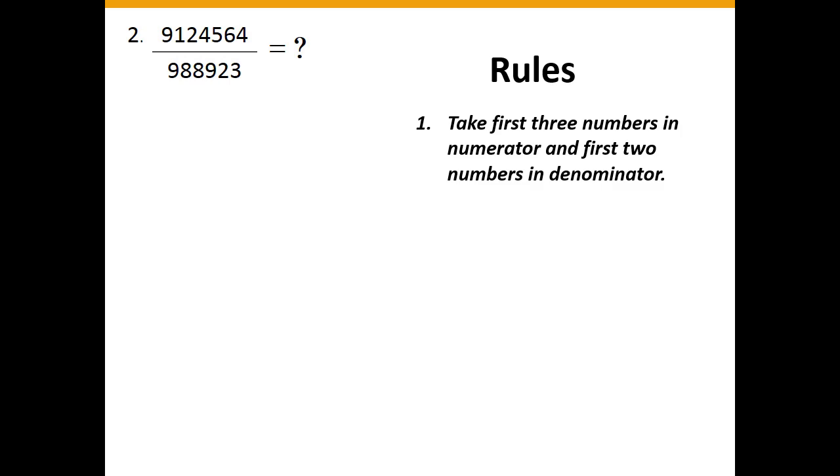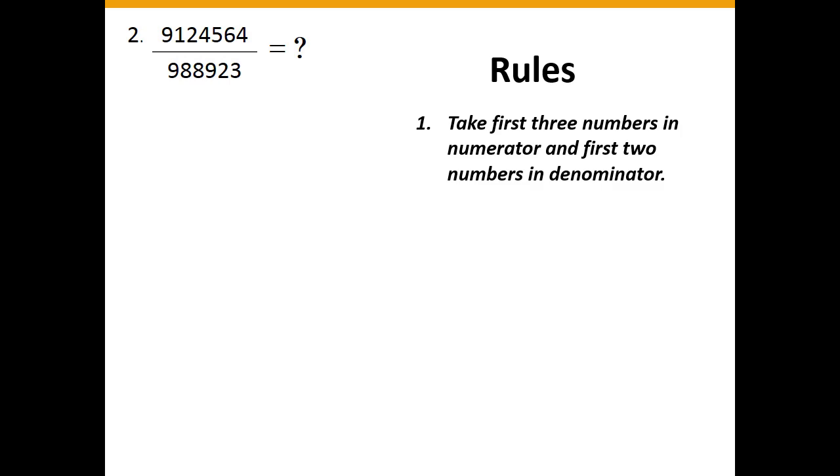What they are saying means we want to take first 3 numbers in numerator and 2 numbers in denominator. You may raise a question why we want to take first 3 numbers in numerator and first 2 numbers in denominator, but we took only first 2 numbers in type 1 problem.